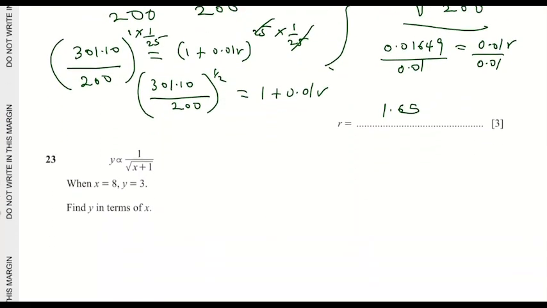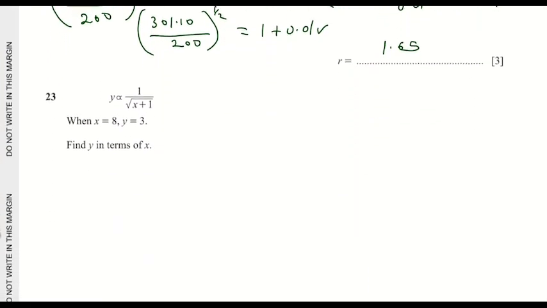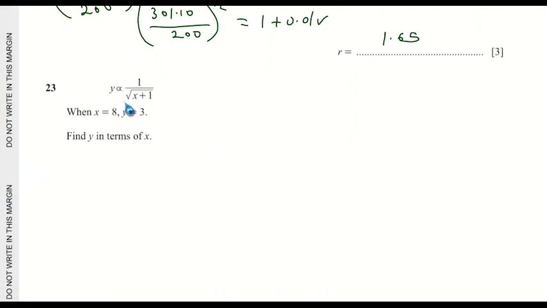So let's go to the next question, question 23. y is inversely proportional to the square root of x plus 1. So we can write y equals k over square root of x plus 1. Now we need to find the value of k.